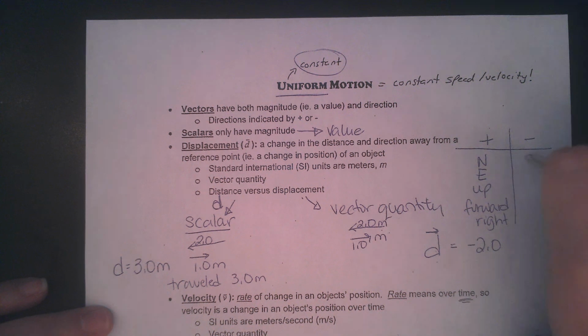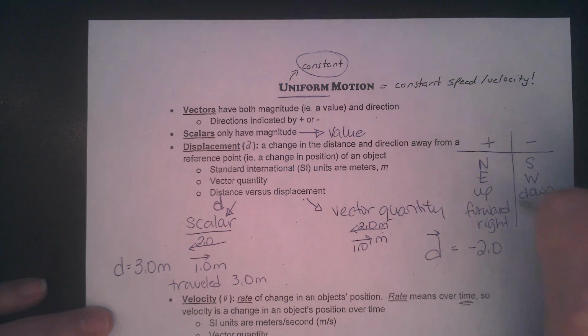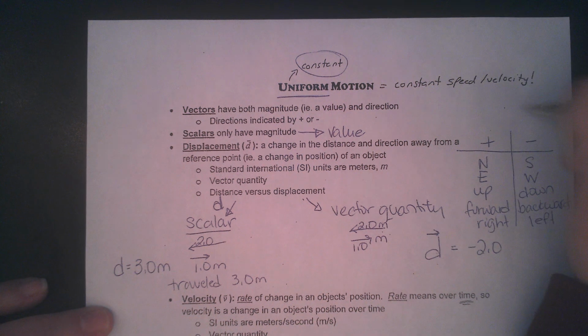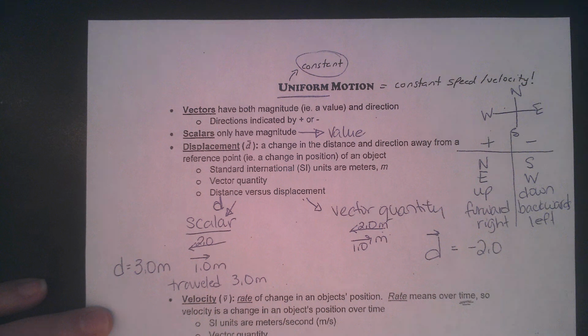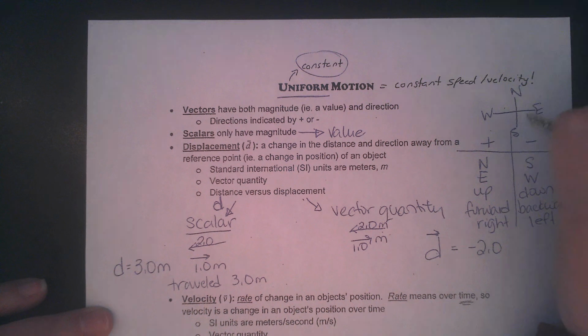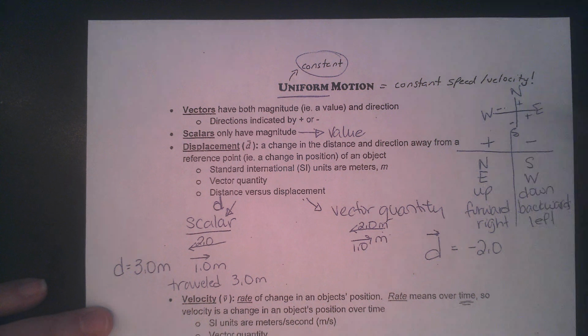And negative is south, west, down, backwards, left. And it comes from our quadrant. So this is a positive value and this is positive, whereas these are negative values.